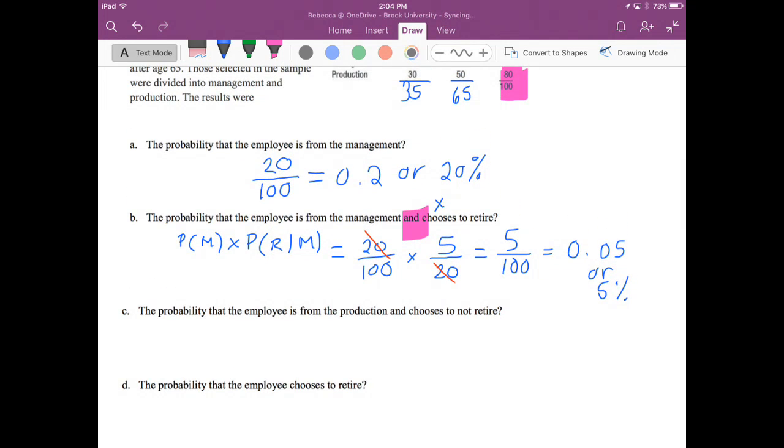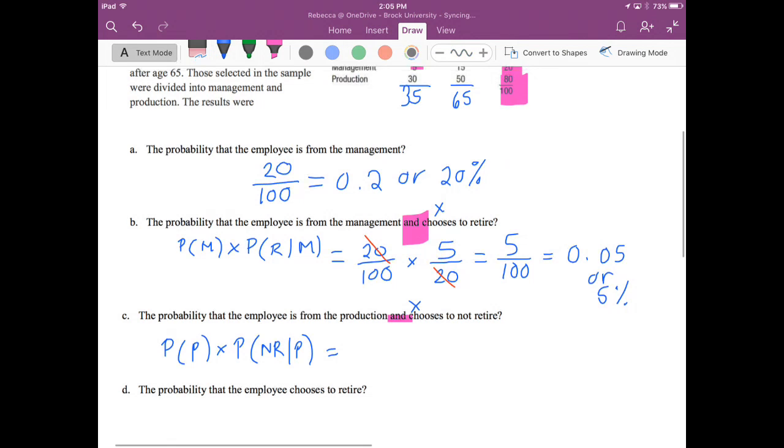The next one says the probability that the employee is from production and chooses not to retire. So this is similar to B. I have my "and," which means I'm going to multiply. So I'm going to do the probability that the person is from production times the probability that they choose to not retire given that they were from production.